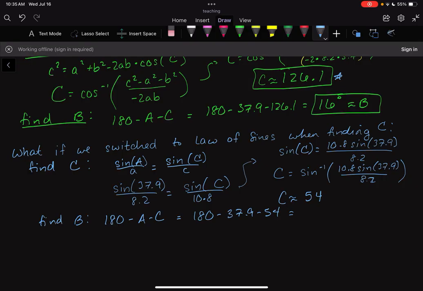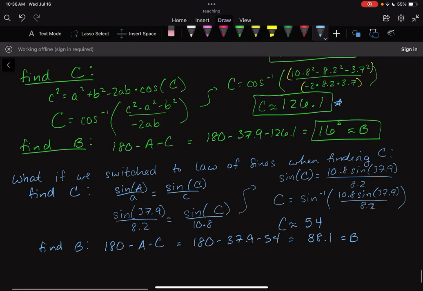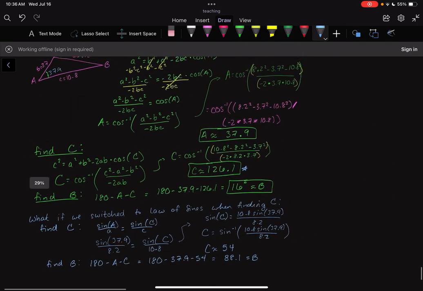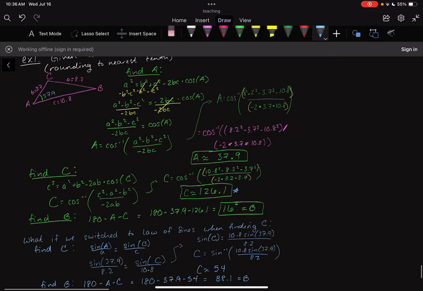If you do this, you end up with 88.1 as your angle B. So I hope you can pay attention to this, and I'm going to recap at the end as well. If you look at what I did in the green, I never switched to law of sines in any of that. If we check any of our angles, we can see that my biggest angle is angle C, and it's across from my biggest side.